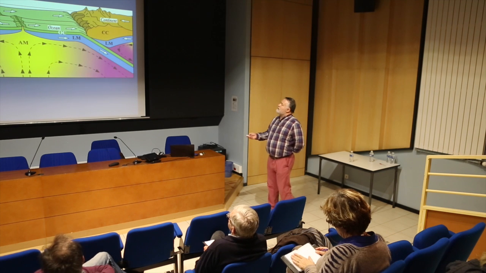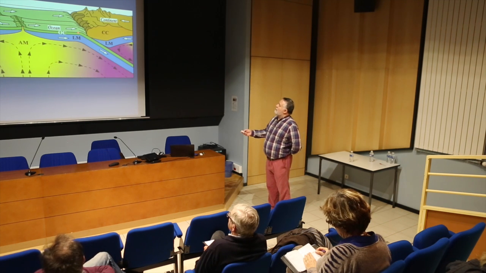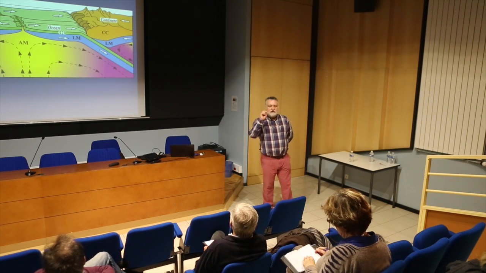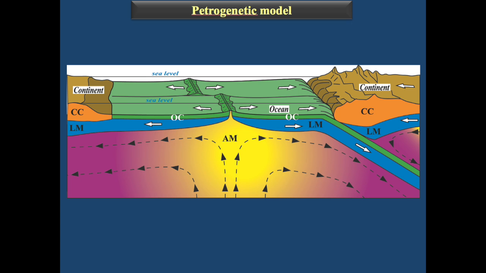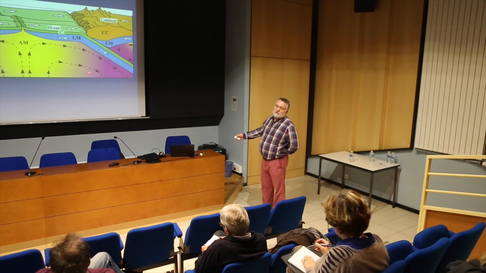The average age of the oceanic crust when it enters in subduction, I say the mean age, is 60 million years. So that means that this crust, when it moves at the bottom of the ocean during 60 million years, will cool and it will become very cold. So when it enters in subduction here, this corresponds to introducing a cold slice of rock into a hot mantle.